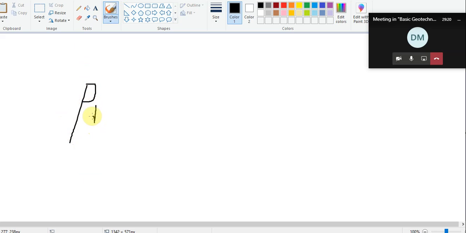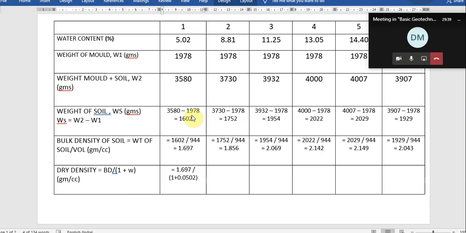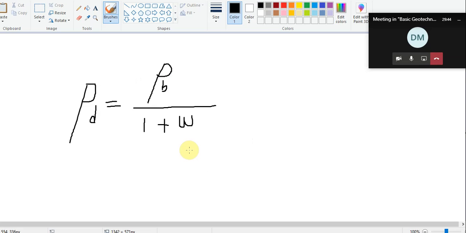Dry density is equal to bulk density divided by 1 plus W. So in the first case, bulk density is 1.697 divided by 1 plus water content.